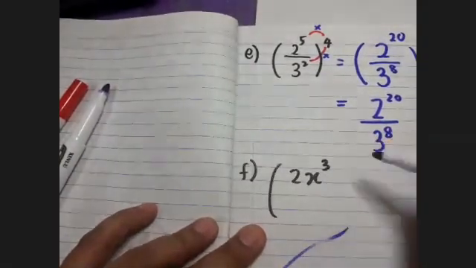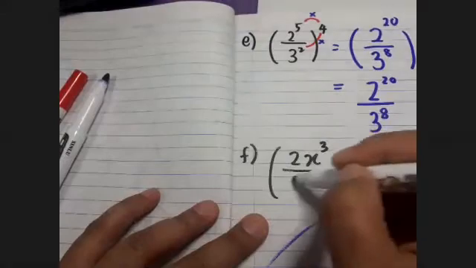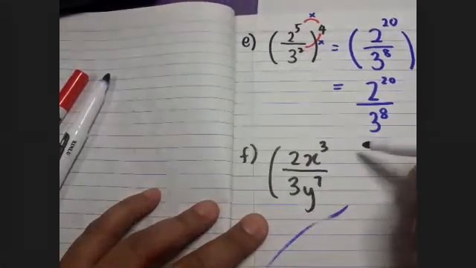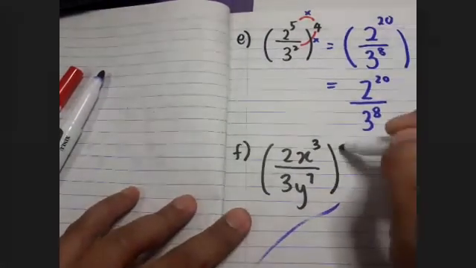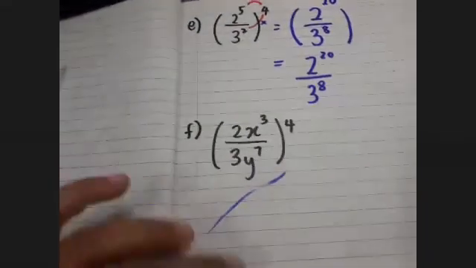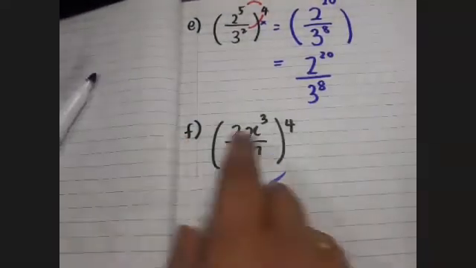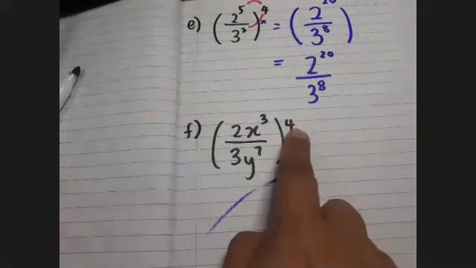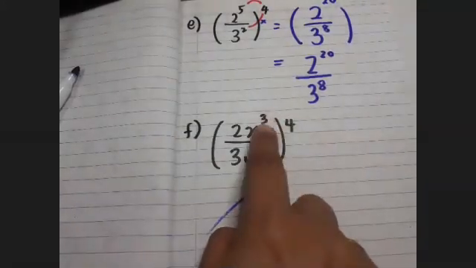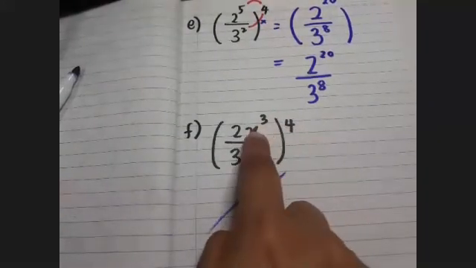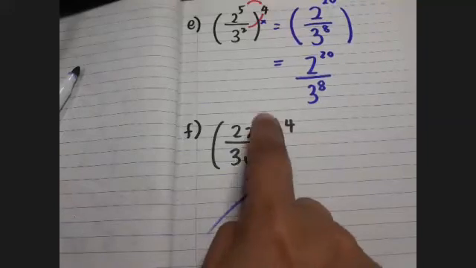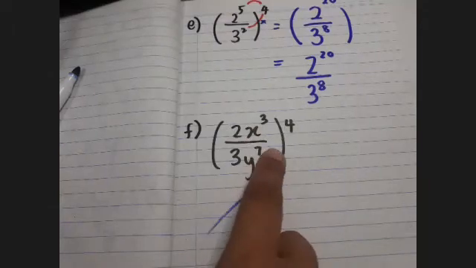2x power of 3 over 3y power of 7 in bracket. And this is power of 4. Okay, class, careful. 4, we need to multiply with all index. Now, you can see index of x is 3. Index of y is 7.